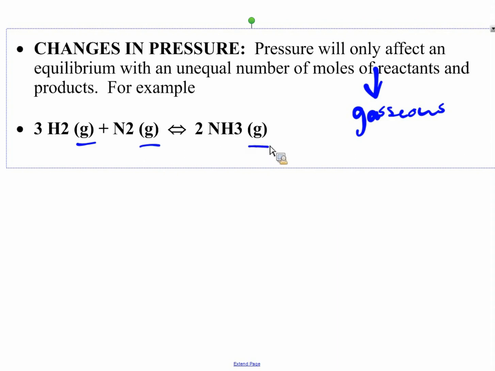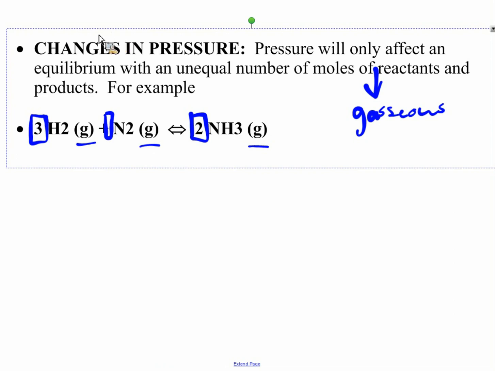You have to have at least one gas somewhere for this to matter. And then you have to have an unequal number of moles. Be careful, we're talking about the moles as far as the coefficients are concerned, not moles as in it told you you had 0.3 moles of this and 0.2 moles of that. We're talking about an unequal number of moles in the coefficients.